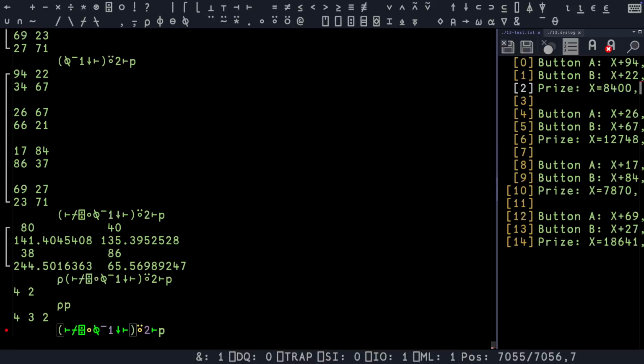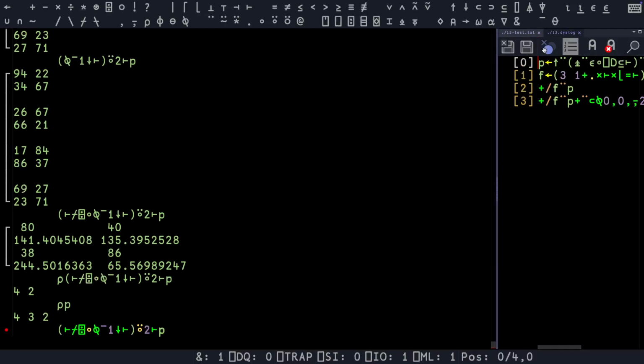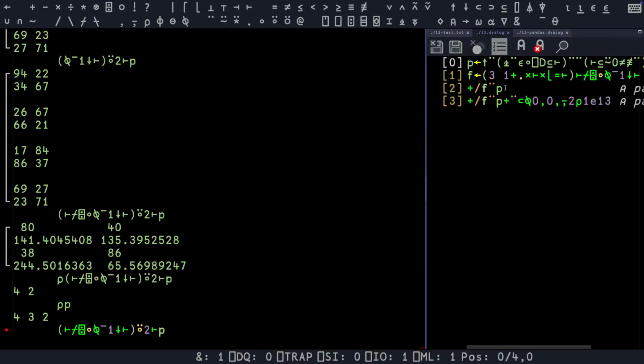How do we do this? Sorry, let me look. I had a clever way to do this when I was golfing last night, and I don't remember it offhand.